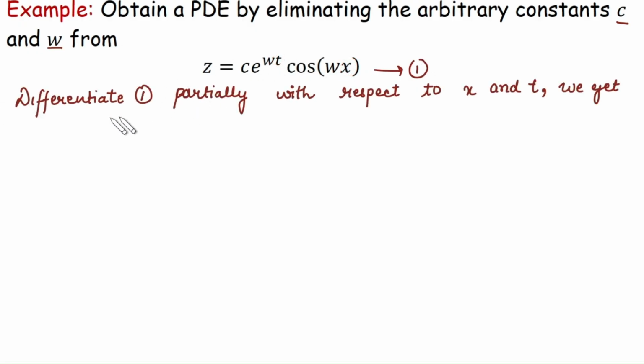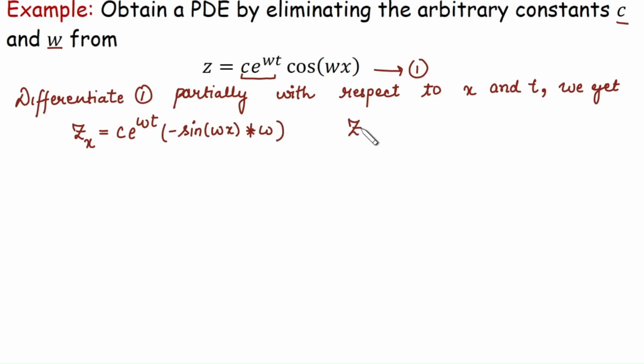Now when we take its derivative with respect to x, keeping t as a constant, it means this entire term is constant, and here we can write the partial derivative of z with respect to x is equal to the constant term, and the derivative of this with respect to x is equal to minus sine of wx into w.